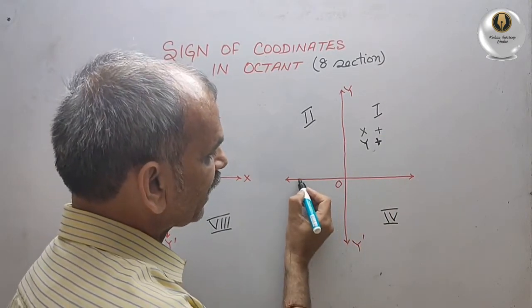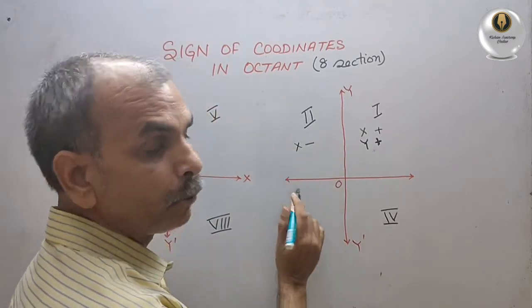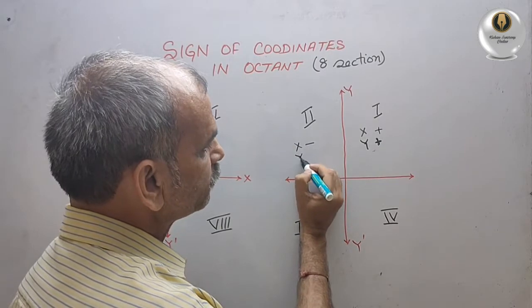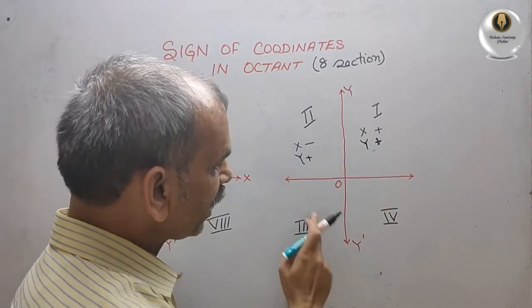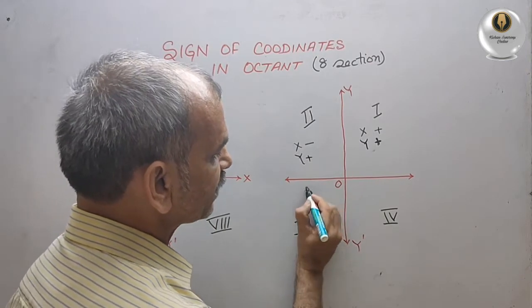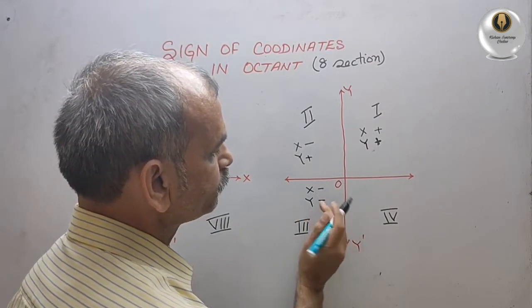And if you see this side in your quadrant 2, what you will get? You can see x is negative, but y is positive. In the third quadrant, x and y both are negative.